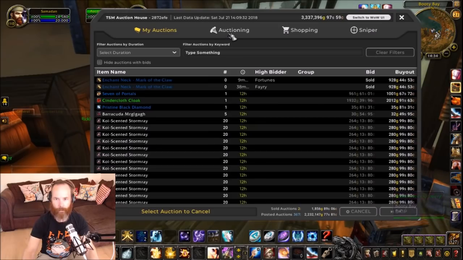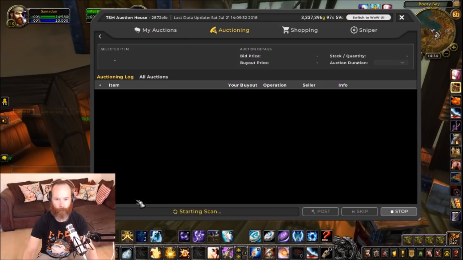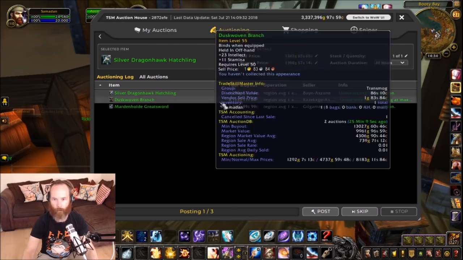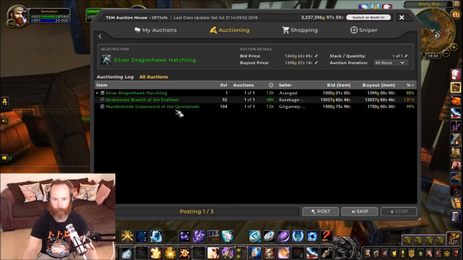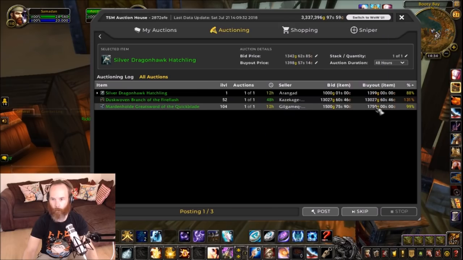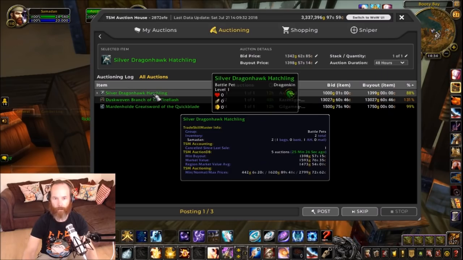So we go and post these on now. We can select our battle pets and our transmog. So you can see here that Duskwoven branch, as we knew, it's above the maximum price, so we're going to post at the maximum price. If you were to look at these here, the current one that's on is on for 13,000, so we don't want to be that high because it just will never sell at that price.